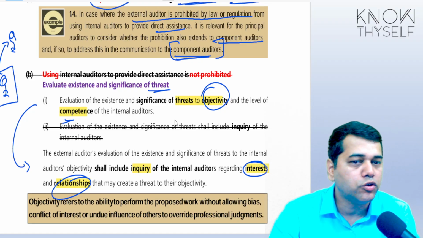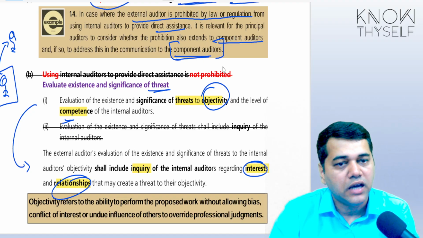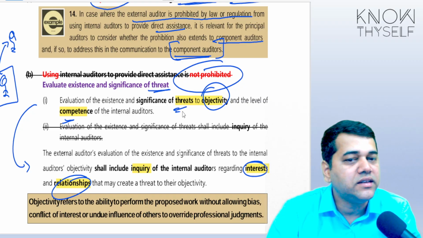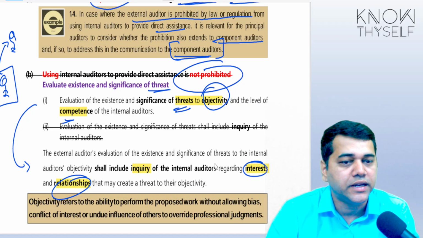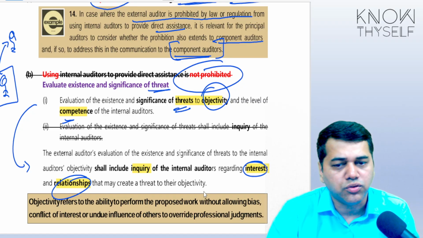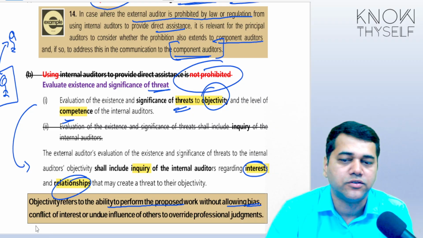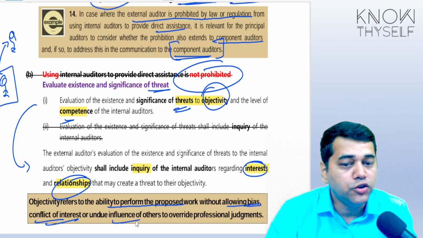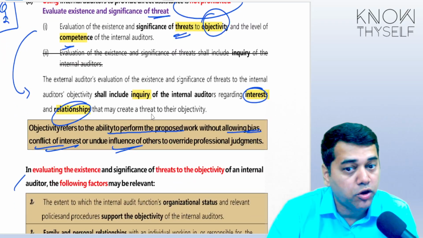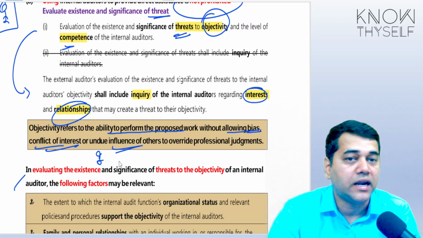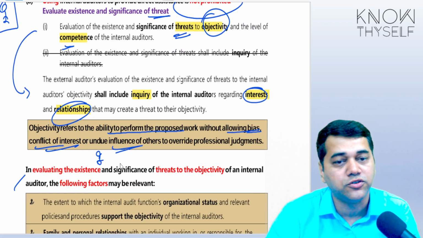So you need to evaluate only two elements: whether you are prohibited, and whether there is any threat. Threat to what? Objectivity and competency. Now, how do you know? Objectivity refers to the ability to perform the work without any bias, conflict of interest, or undue influence. Who can influence? Their boss may influence. They may call in the night and ask what is happening there, what your auditor is doing.